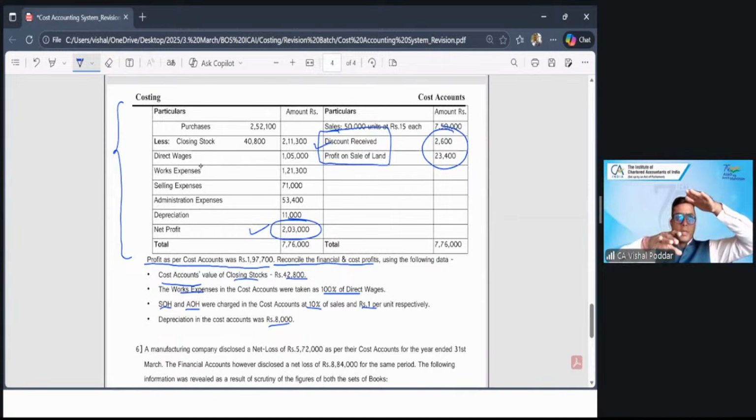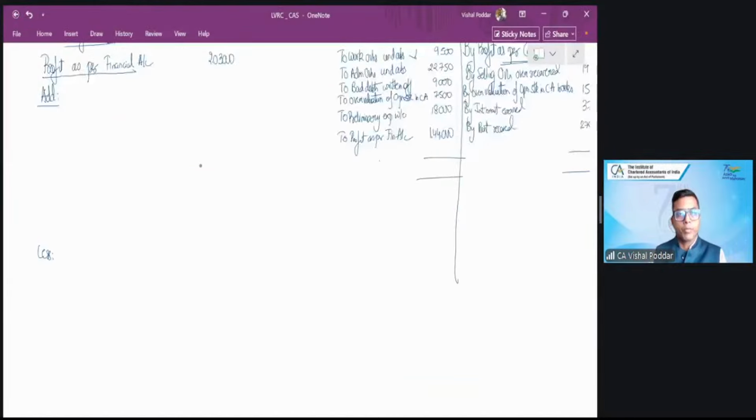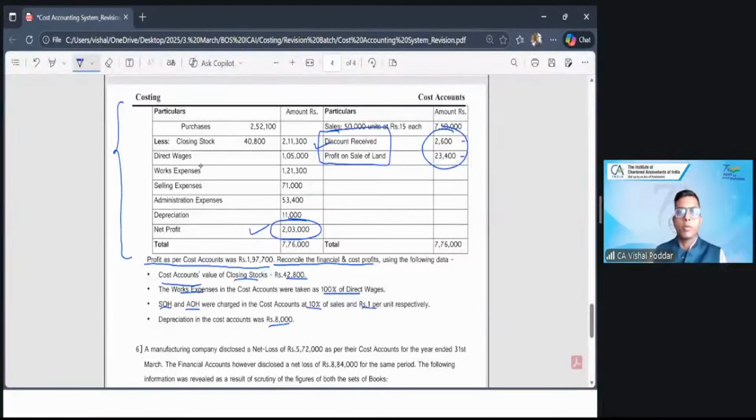Now in this question, my starting point is financial profit, so for this difference I will have to climb down. So I'll subtract these two figures, 2,600 and 23,400: discount received, profit on sale of land.